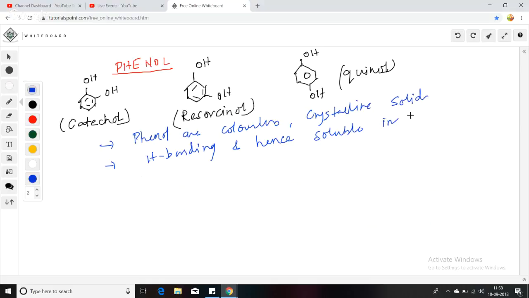Capable of forming hydrogen bonding and hence soluble in water.